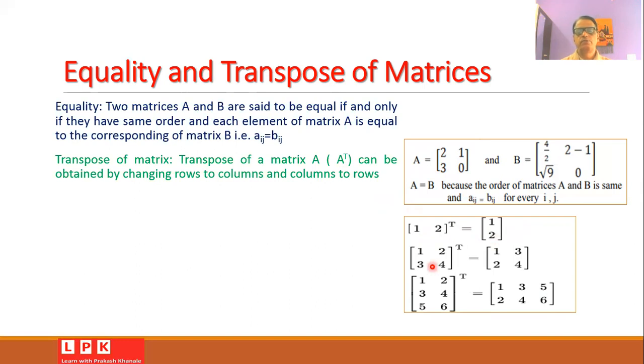Similarly, we can obtain the transpose of this matrix: the first column 1, 3 will be converted into a row, and the second column 2, 4 will be converted into the second row. Now suppose we have this matrix consisting of 3 rows, then its transpose is 1, 3, 5, which is the first row, and 2, 4, 6, which is the second row. So whenever we interchange the rows and columns of a matrix, we obtain the transpose of the matrix. If you obtain one more transpose of this matrix, one can easily observe that we will get the same matrix. So the transpose of a transpose is equal to the same matrix.